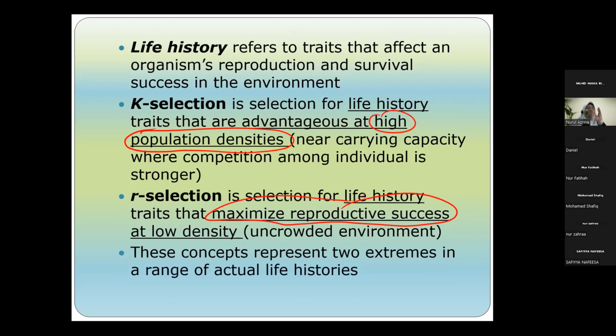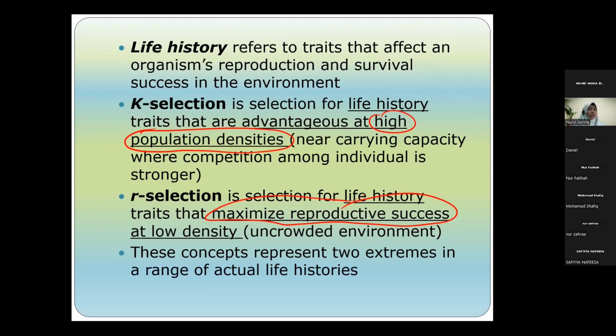So K selection or K strategies are usually the strategies used by organisms living in a high density population, right? Whereas R selection or R strategies are those used by organisms living in an unstable environment, with low density population size, and they are maximizing their reproductive success.